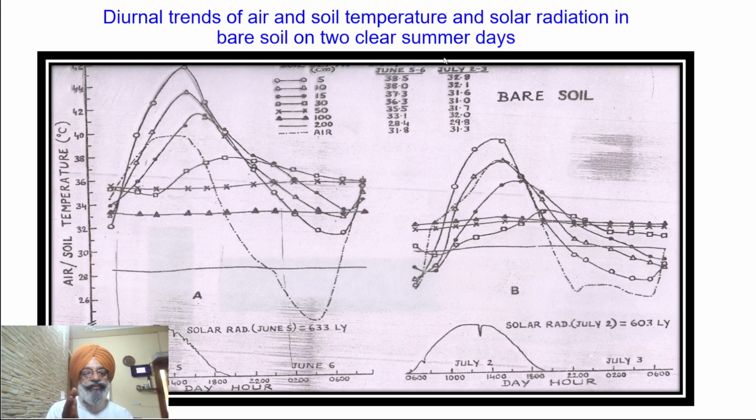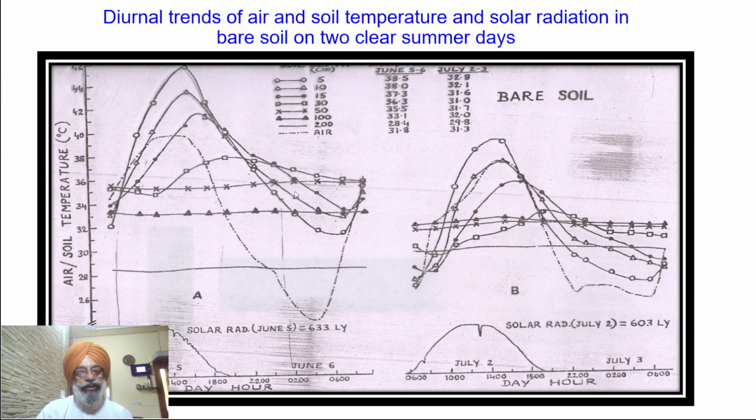In fact, from 1st July onwards, we start expecting the rains, the weather becomes more humid, and temperatures come down. So you can see over here the dotted line, the peak temperature is near about 40 degrees centigrade, and here it is around 35, 36 degrees centigrade.